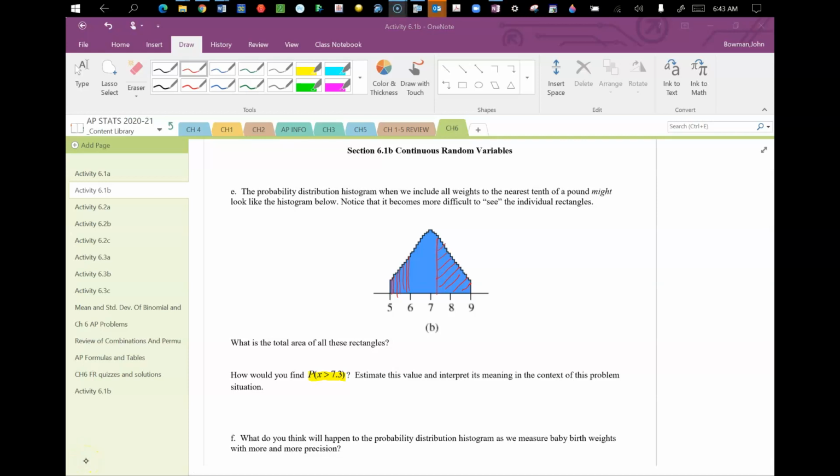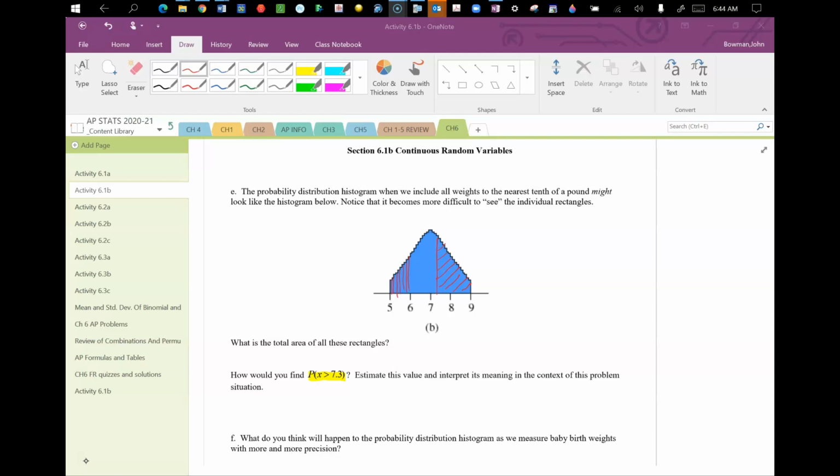I would estimate this shaded area to the right of 7.3 as approximately 25 to 35% of the distribution. So again, interpreting that in context, that would mean that I would estimate the probability of a baby being born that weighs more than 7.3 pounds to be between 25 and 35%.